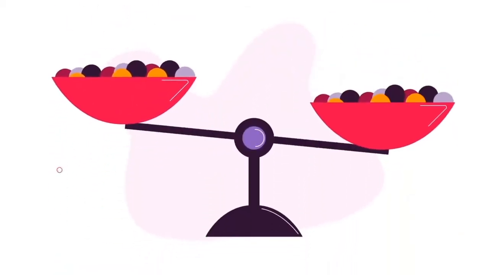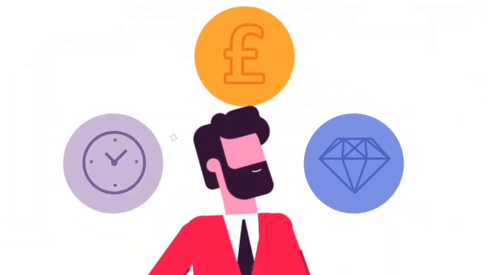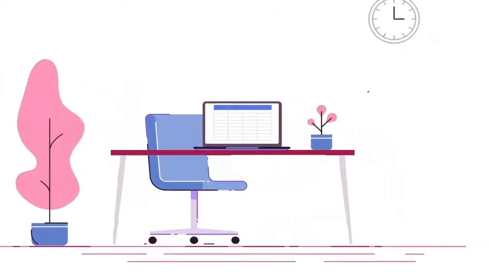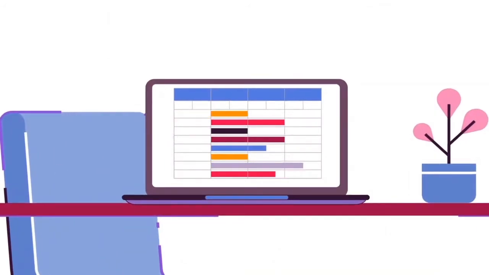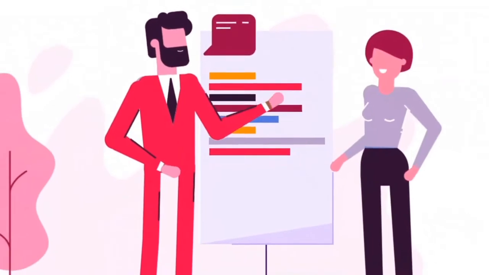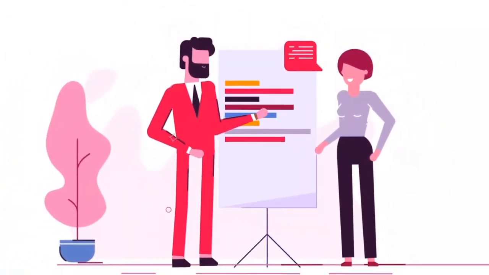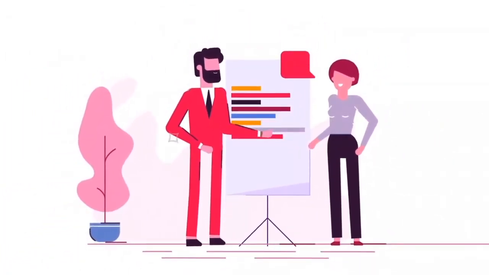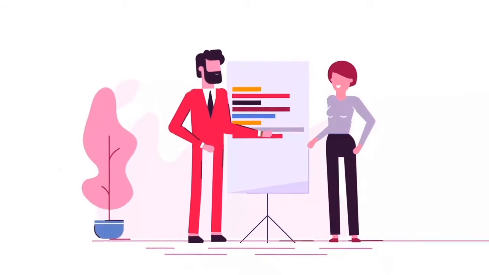In fact, it's more like a balancing act. You'll need to manage time, cost, and quality, while still making sure the project benefits can be realized. Different approaches to schedules should be taken for different types of projects. But what they all have in common is a set of core components and a dependency on accurate estimates from the project team.